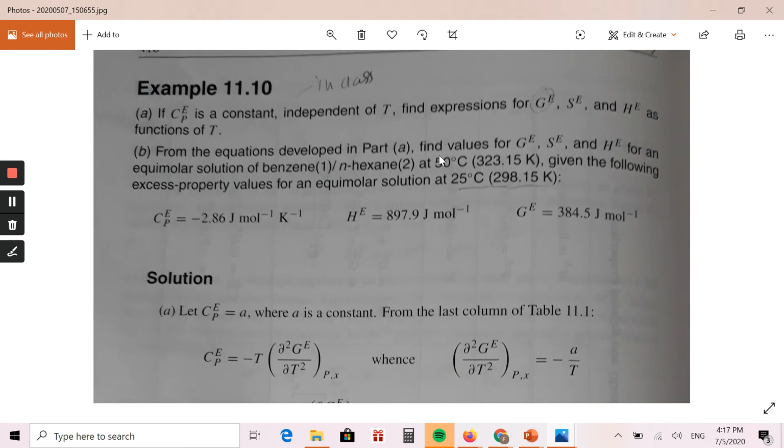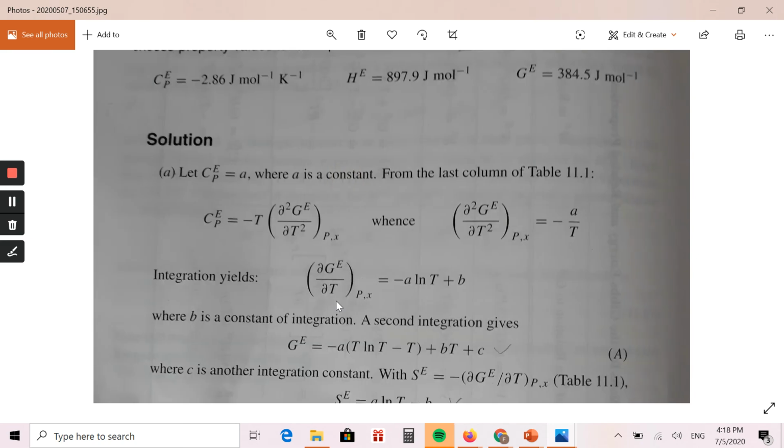And then it says that, from the expression that you have developed, find these values for benzene and hexane at 50 degrees C, given the properties at 25 degrees C. So this is the initial property, right? Or H naught.